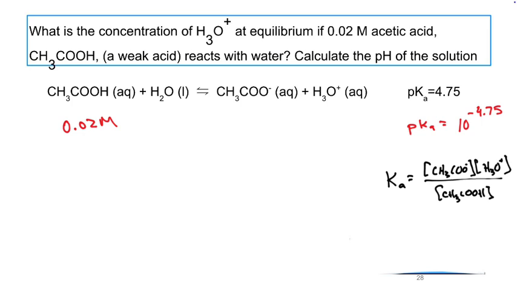If we look at our initial conditions, I guess we could show this in black because we knew this. What was the initial concentration of the acetic acid, the acetate, the CH3COO minus, and our H3O+? It was 0.